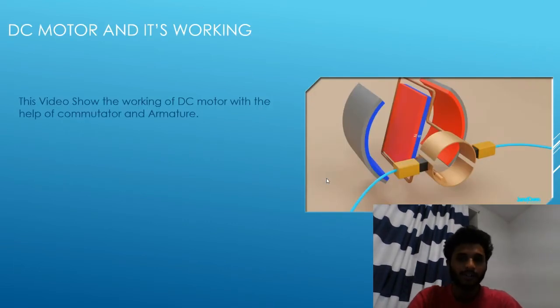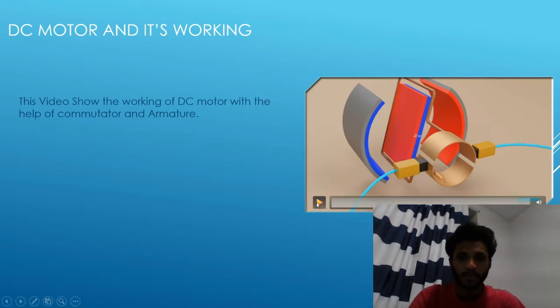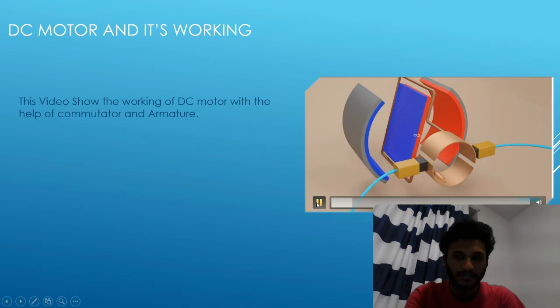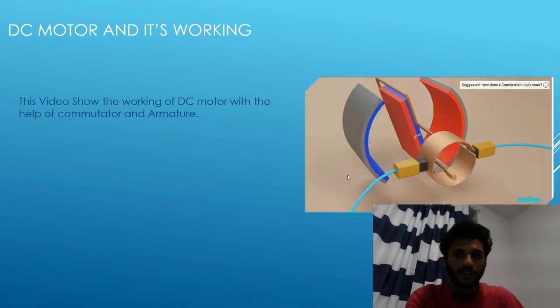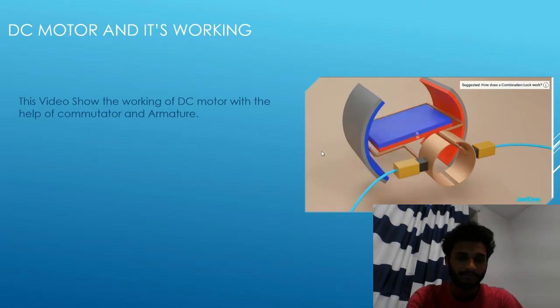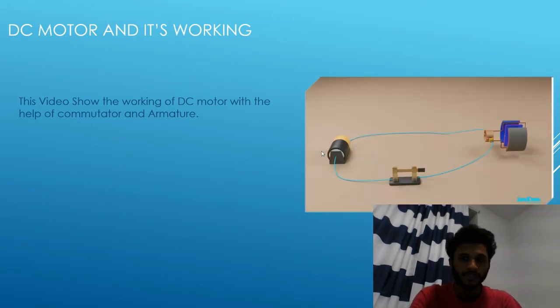First of all, I do have a video to show for the DC motor. Here you can see the magnet present inside the DC motor. The outer one is the magnet which has been fixed to the sides of the motor.